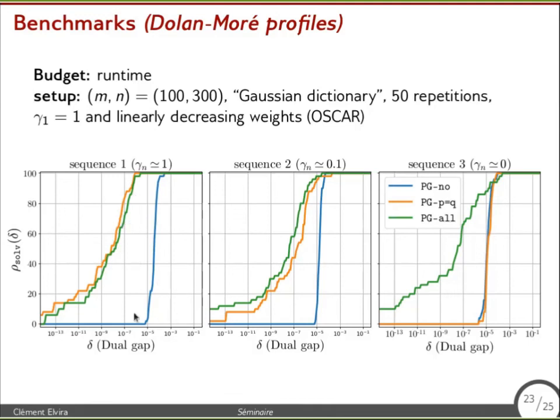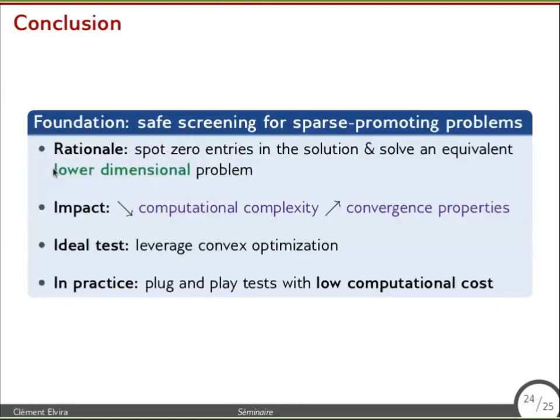And as you can see, when you use screening, at least when you implement all the tests at the same time, you have computational gains for all possible setups. However, if I only implement one of the tests, so one choice of P instead of testing all possible values of P, I have some gains here, but I have no gain here. If you are interested, I can elaborate on it in the questions, but I will switch to the conclusion.